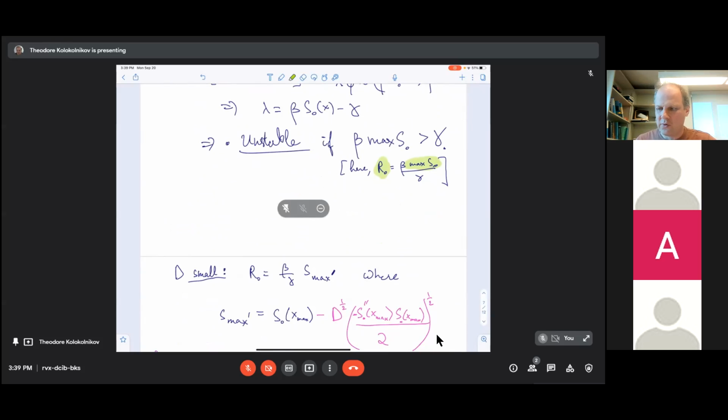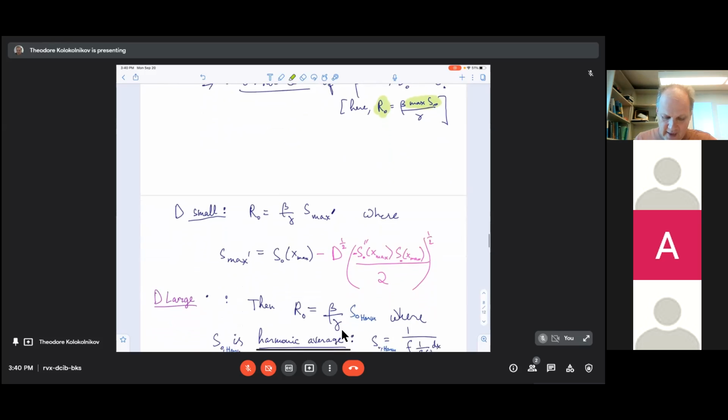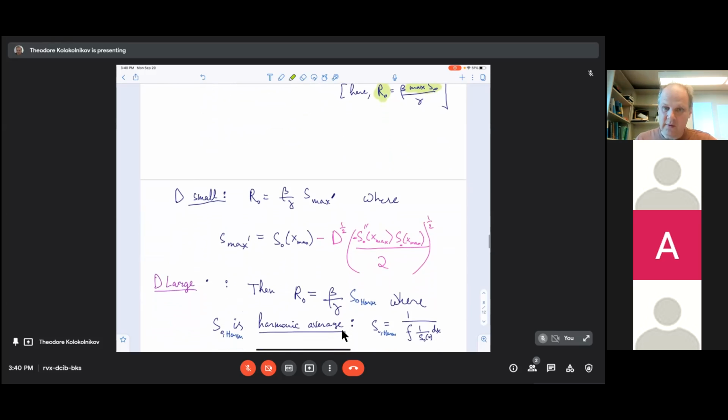You get a Hermite ODE, and then look at the first eigenvalue of it, and basically you have this correction for small d. The maximum S, called S max prime, is the maximum of S, but shifted downwards by a factor of order d to the 1/2. Okay, that's the result.